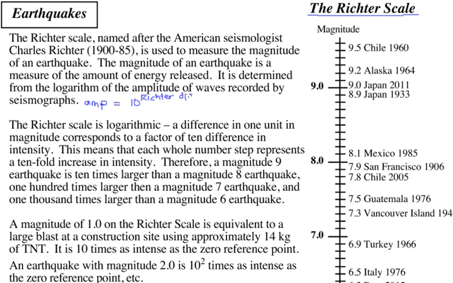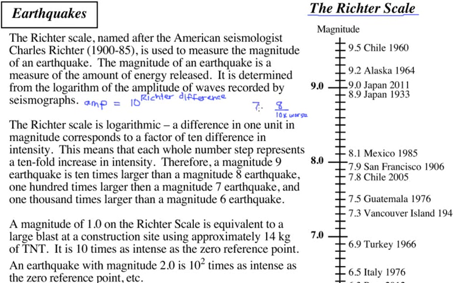So this is what you do when you're comparing two earthquakes. If you have an earthquake that's a 7 and another earthquake that's an 8, the Richter difference is 1, right? They're only 1 apart on the Richter scale. 10 to the 1 tells you that the amplitude difference was 10 times. This earthquake, the 8, was actually 10 times worse.